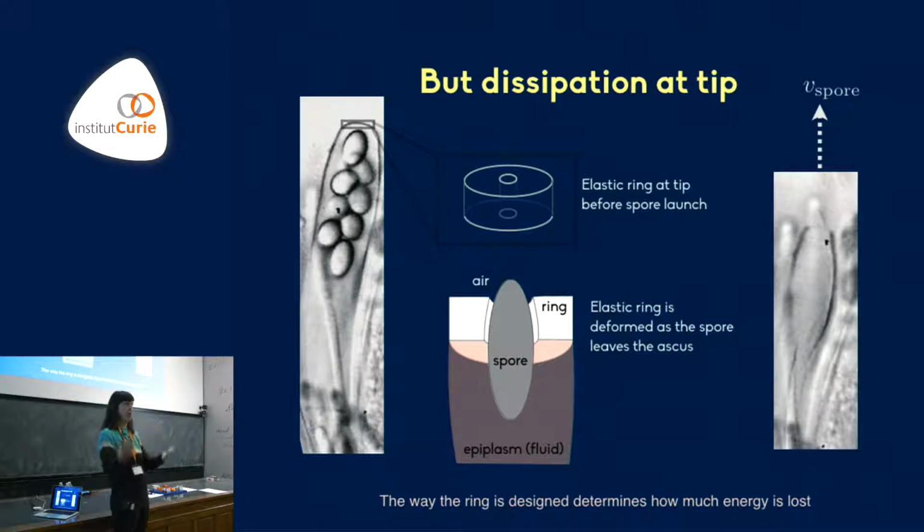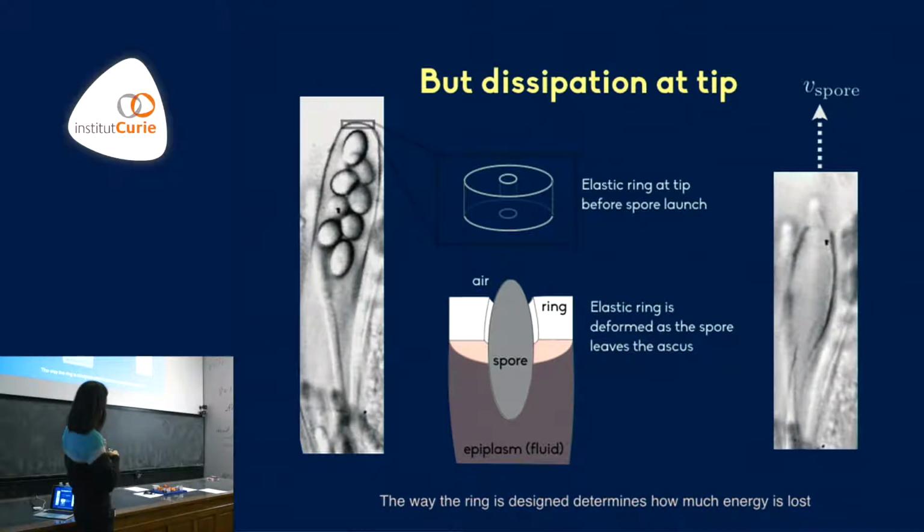In a lot of species, this mechanism is simply an elastic ring. The ring is closed, and it holds the entire pressure, these several atmospheres in the ascus, and then at some point something happens, it lets the spores go. And as they pass through, dissipation happens in the process.